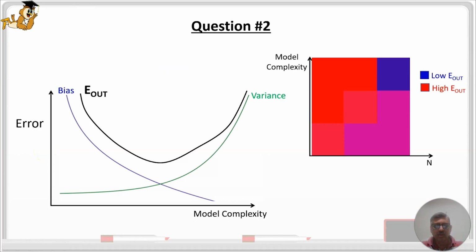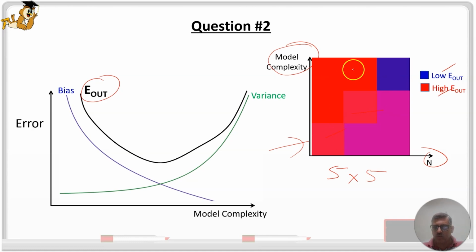Question 2. This was the bias variance curve and the Eout curve that we looked at. And this was our two-dimensional graph of N versus model complexity, where we assigned blue color to low Eout and red color to high Eout. I created a 3x3 grid and selected the colors sort of approximately. What I want you to do is to create exactly this grid, but a 5x5 grid.